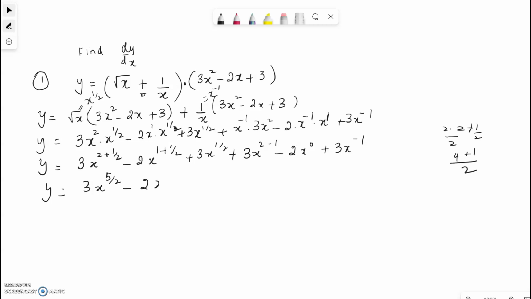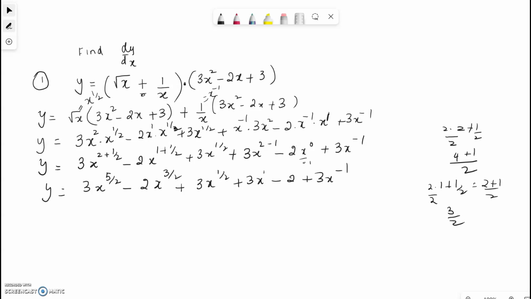Minus 2x to the 3 halves, plus 3x to the half, plus 3x to the 1 minus 2, that's just equal to 1, plus 3x to the negative 1.